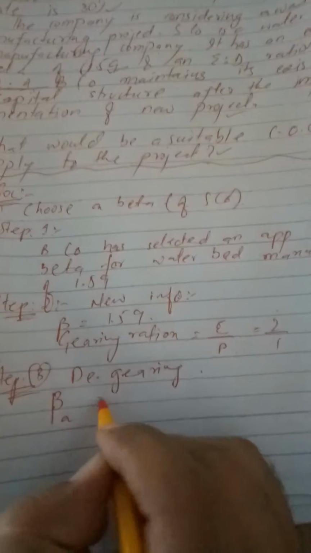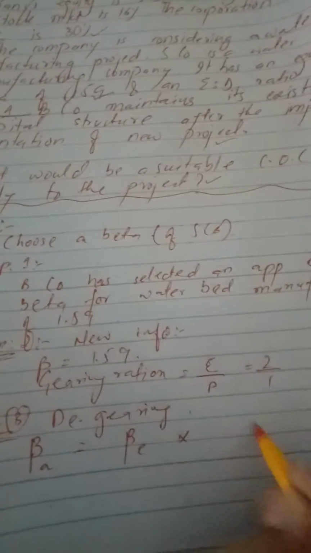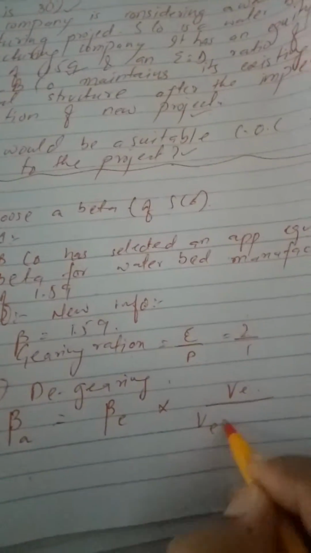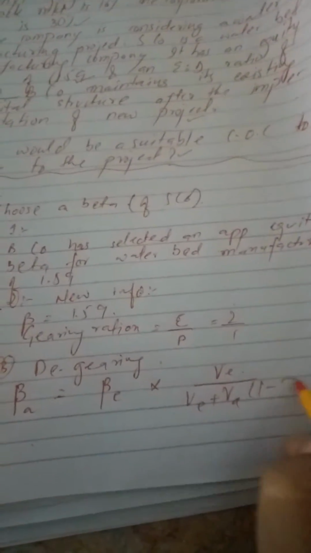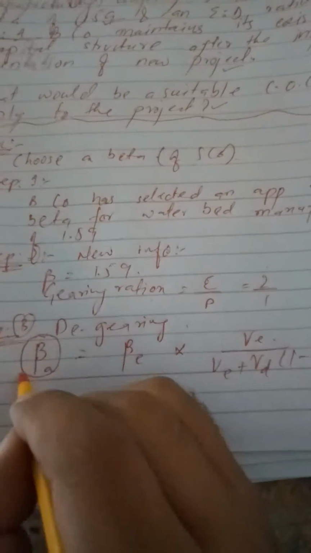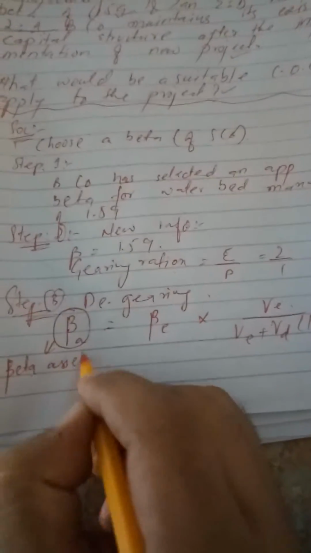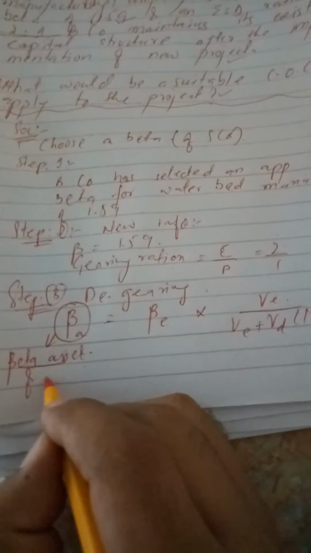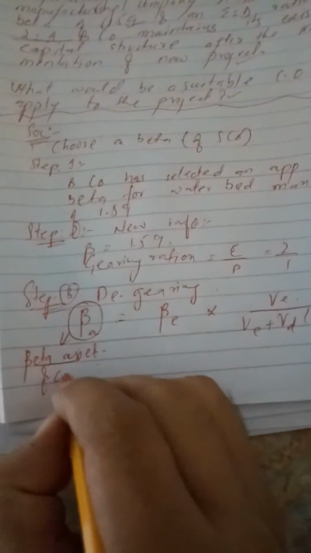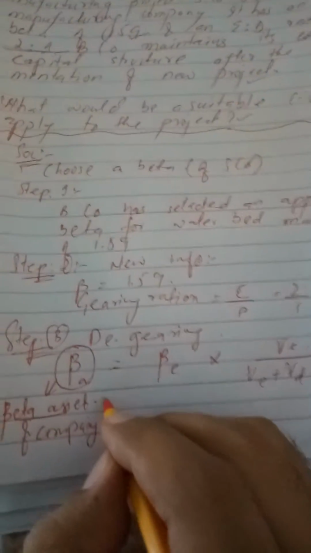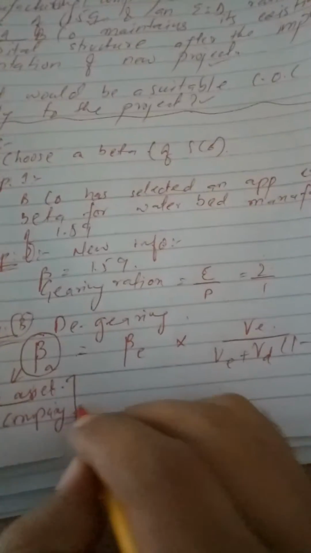De-gearing would be done using beta asset and beta equity, that is the formula: beta asset equals beta equity times VE over VE plus VD times (1 minus T). This is the beta asset of the company, which is normally known as the business risk.